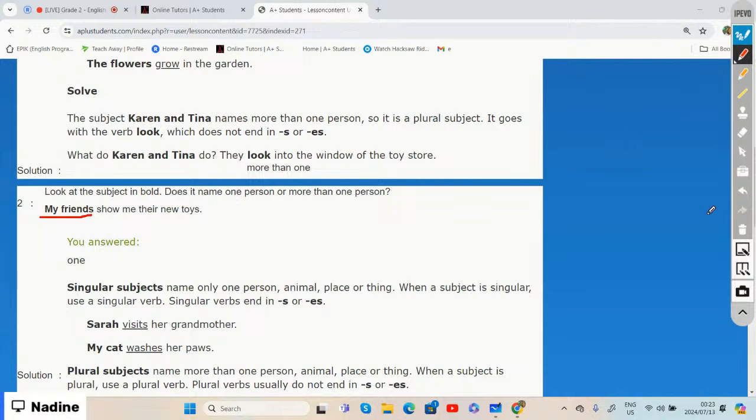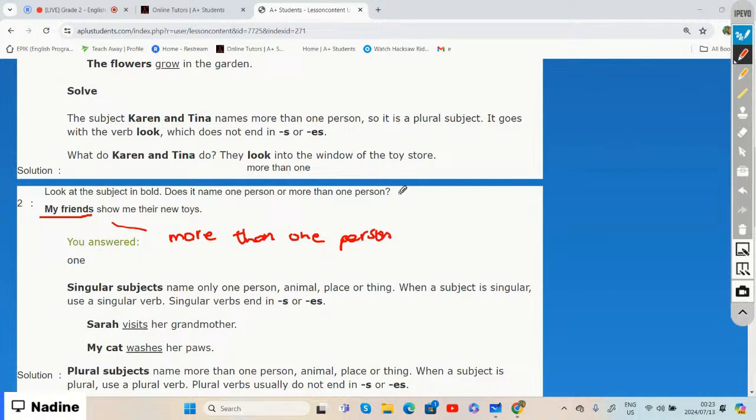All right. And if we look at the words my friends, then my friends is referring to more than one person.